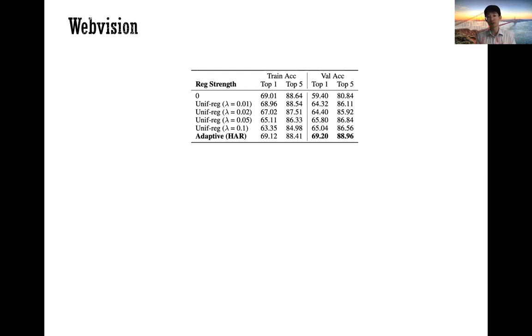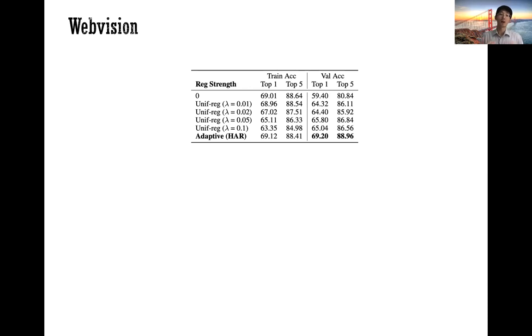So I guess you have this kind of trade-off between the training accuracy and validation accuracy, right? If you have stronger and stronger regularization, then you're going to get worse and worse training accuracy, but you may get a little bit better and better validation accuracy until it plateaus.